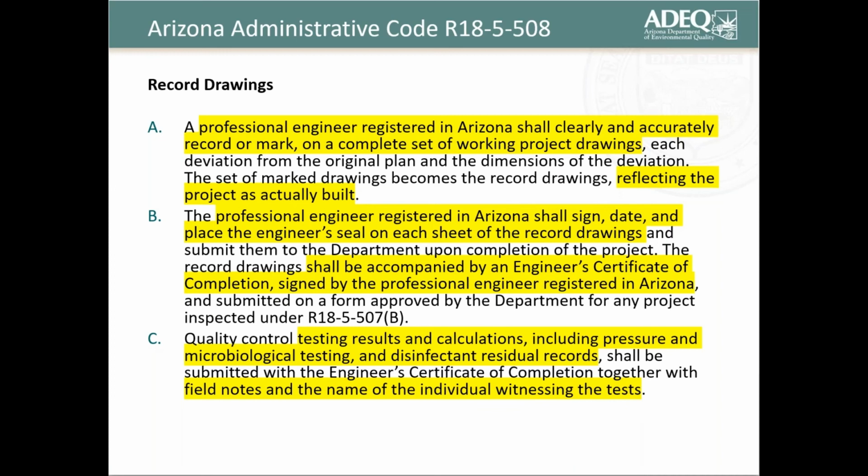So a common deficiency for the record drawings is that there is not a PE seal and signature affixed to each sheet. So the markups are usually reflected on the original construction plans. So after construction, the PE should seal and sign each sheet of the record drawings to ensure the project was constructed according to the approved plans.